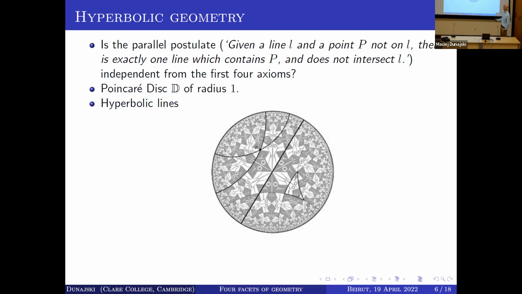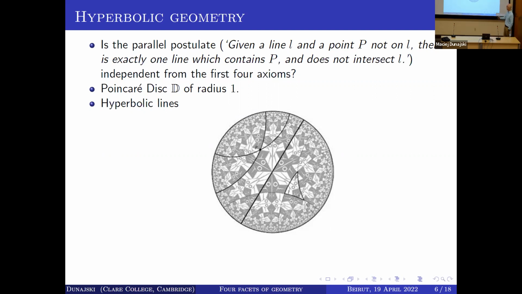So what is the arena of this? It's called hyperbolic geometry. What is the arena of hyperbolic geometry? It's a disk. We can think of this disk as having Euclidean radius 1. It's not very important that it's 1, but it's important that it's some fixed number.